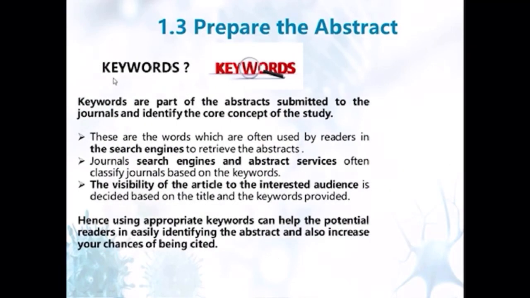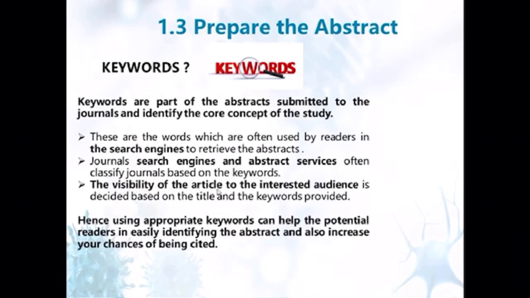Another thing is keywords. Do you know keywords? Keywords are part of the abstract submitted to the journals and identify the core concept of the study. Almost all papers have this part. They are the words often used by readers in search engines to retrieve the abstract. Journals, search engines, and abstract surveys often classify articles based on the keywords.